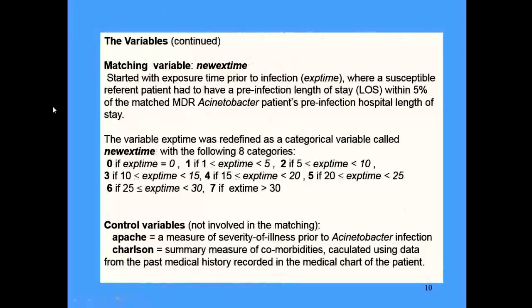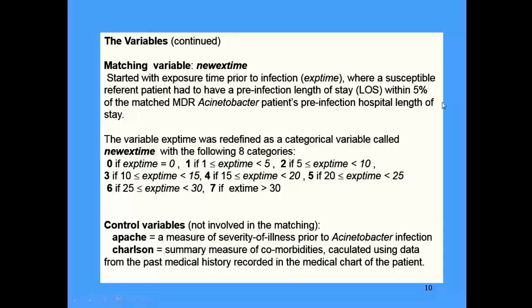Now, remember I said there was matching. So let me explain the matching. It started with the exposure time prior to infection, where a susceptible referent patient had to have a pre-infection length of stay within 5% of the matched resistant patient's pre-infection hospital length of stay.